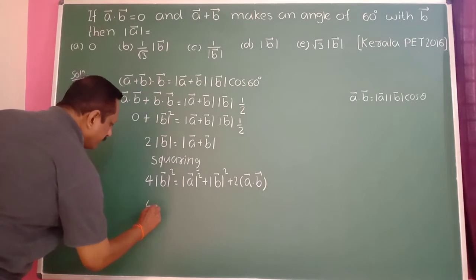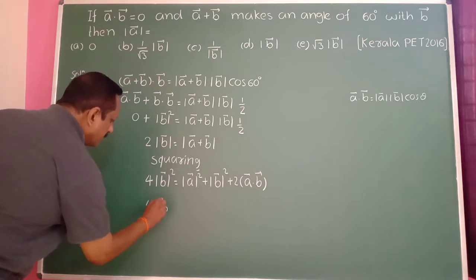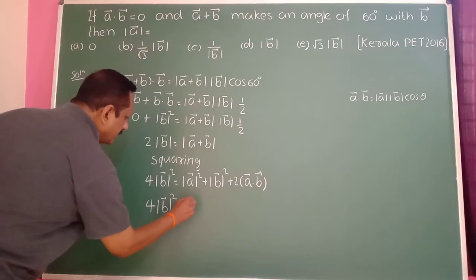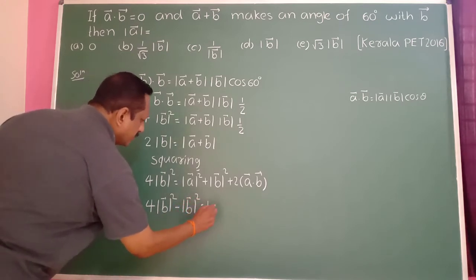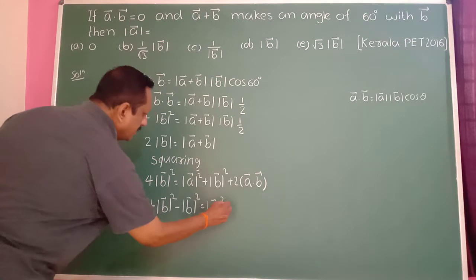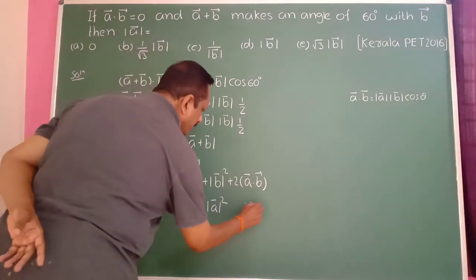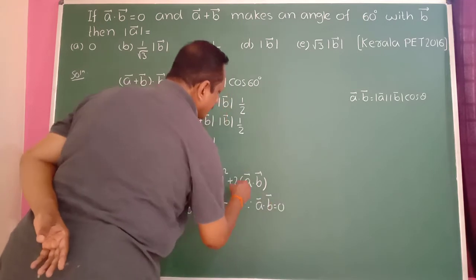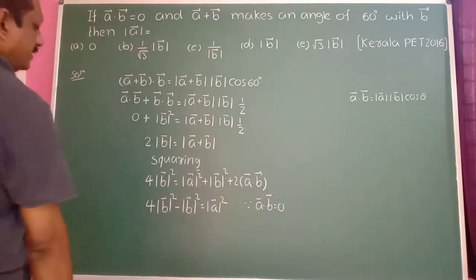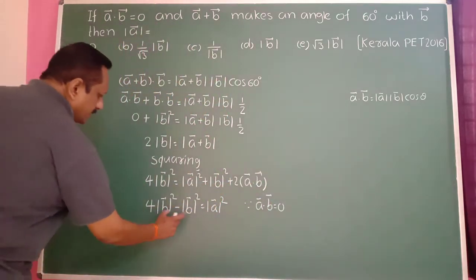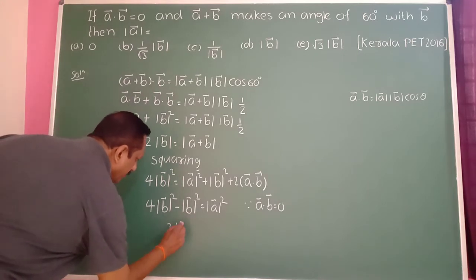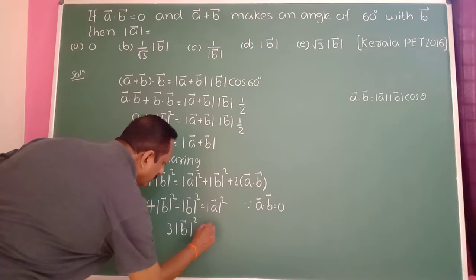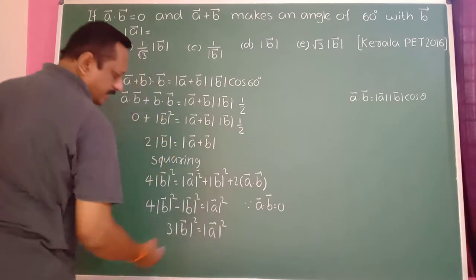So 4 times modulus of b bar square minus modulus of b bar square is equal to modulus of a bar square. Now this minus this gives 3 into modulus of b bar square is equal to modulus of a bar square.